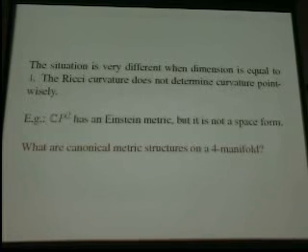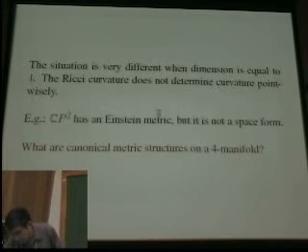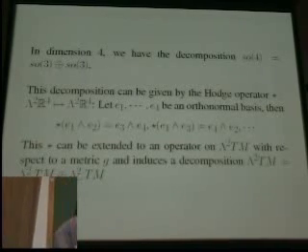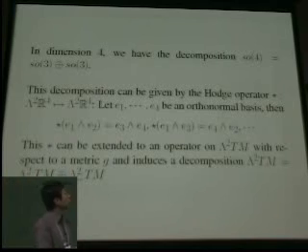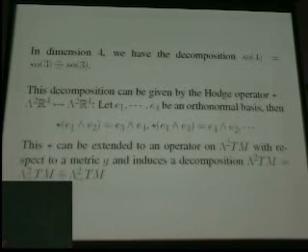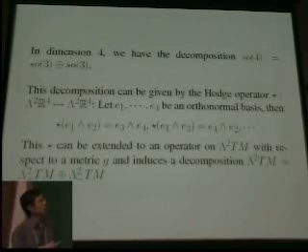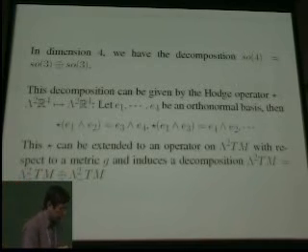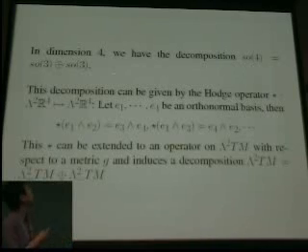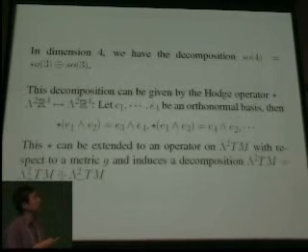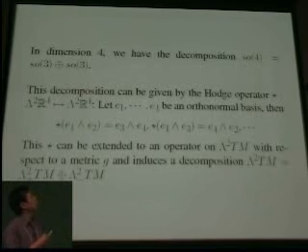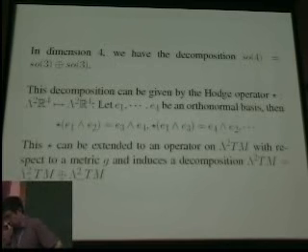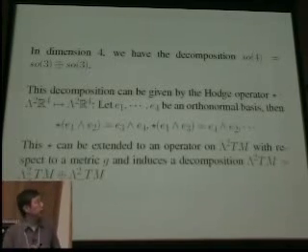So what is a canonical metric structure on a four-manifold? In dimension 4, the structure group is SO(4), the algebra of rotations, given by 4 by 4 skew-symmetric matrices. It decomposes into two copies of 3 by 3 skew-symmetric matrices.